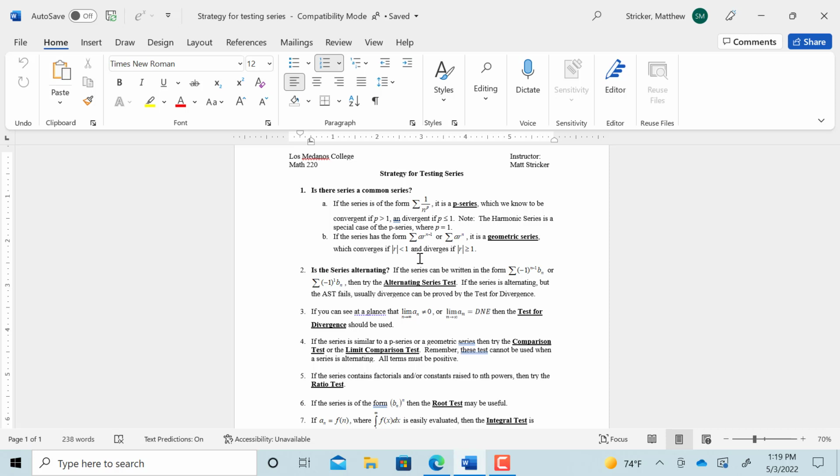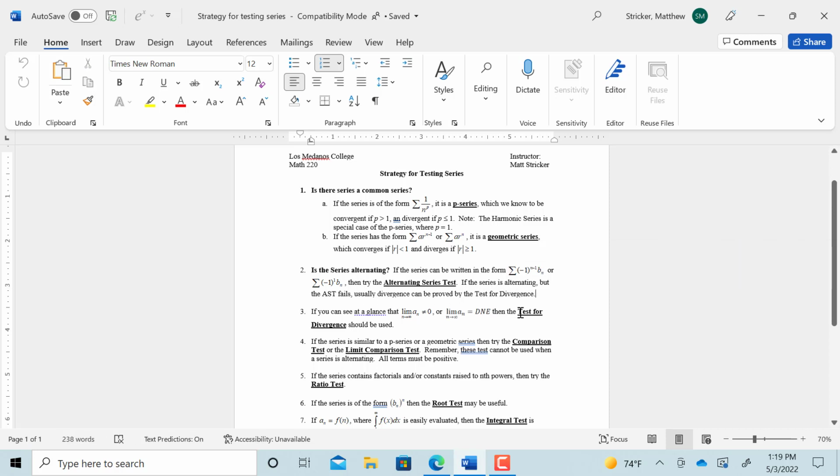It could be n minus 1 power, but something that looks like that. So if it's not one of those common series where you can tell convergence or divergence easily, then the next thing you want to ask yourself is, is it alternating? Now, if it is alternating, but the alternating series test fails, then most of the time you're going to be able to use the test for divergence.